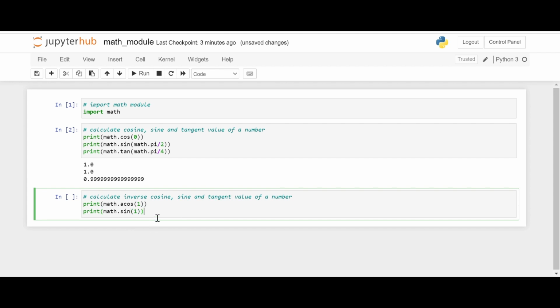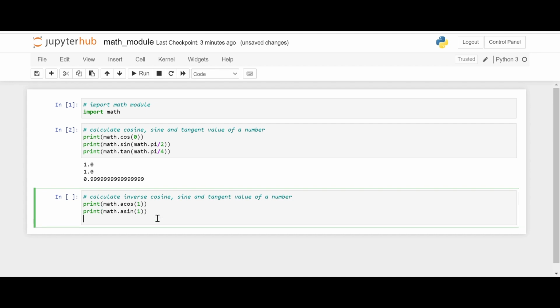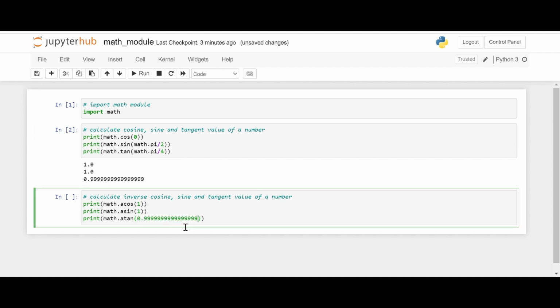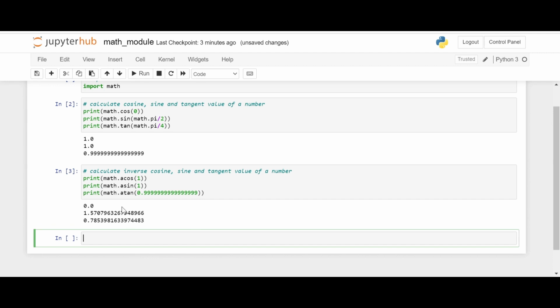Sorry, asin, not sine. Atan. So we have to provide, this is basically 1, but we want to provide exactly what's happening. So for 0 we got 1, for 1 inverse we will get the same.